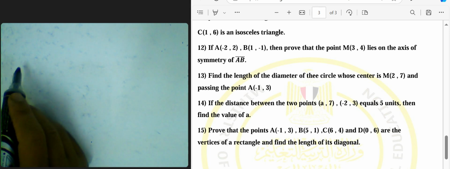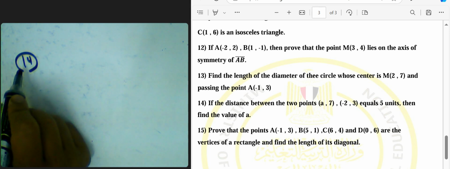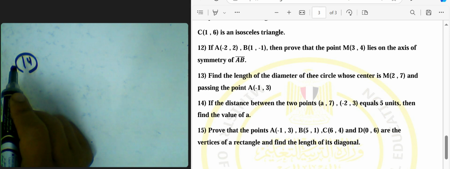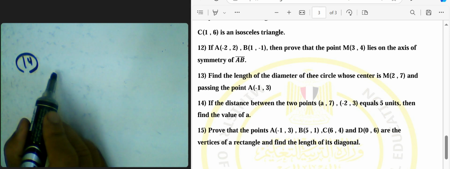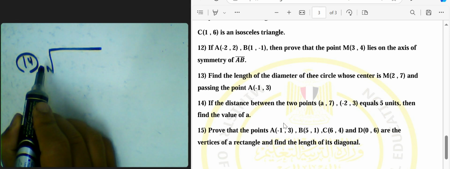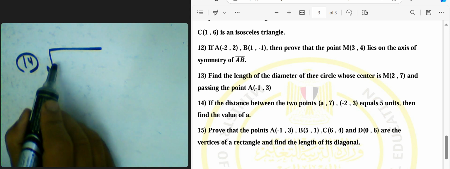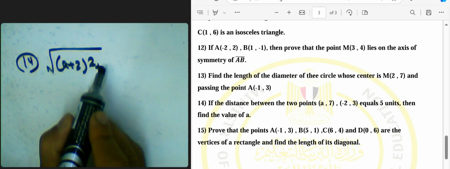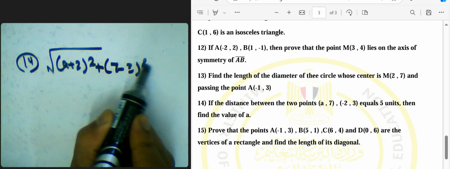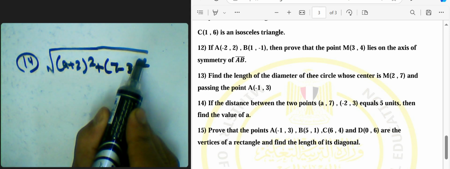Next, question number 14. The distance between the two points (A, 7) and (negative 2, 3) equals 5 units, find the value of A. Okay, we can use the rule here, square root of (A subtracted by negative 2), it will be (A plus 2) power 2, and (7 minus 3) all power 2.